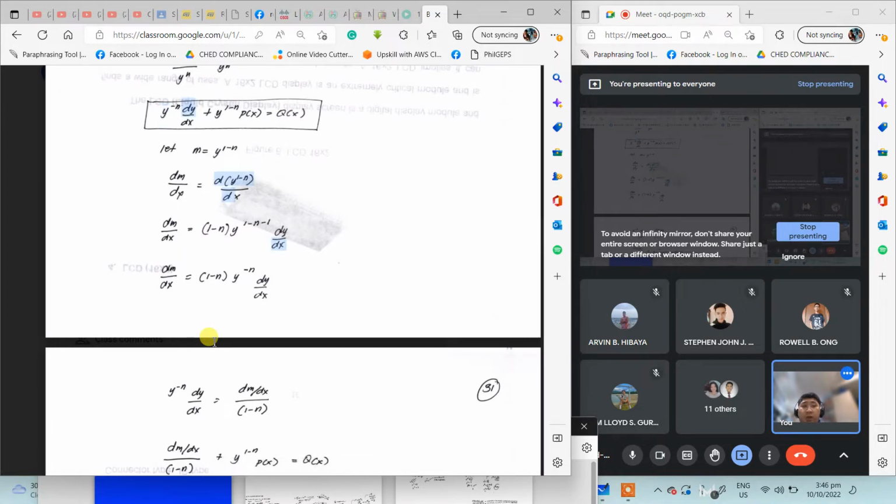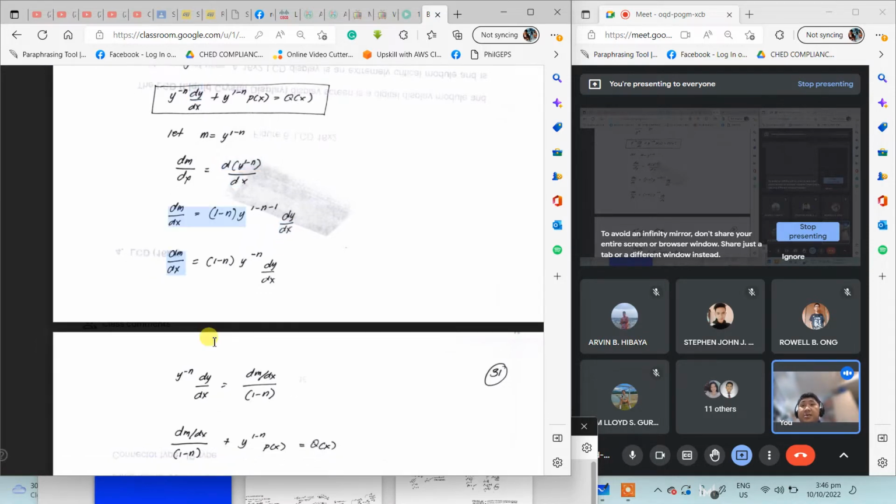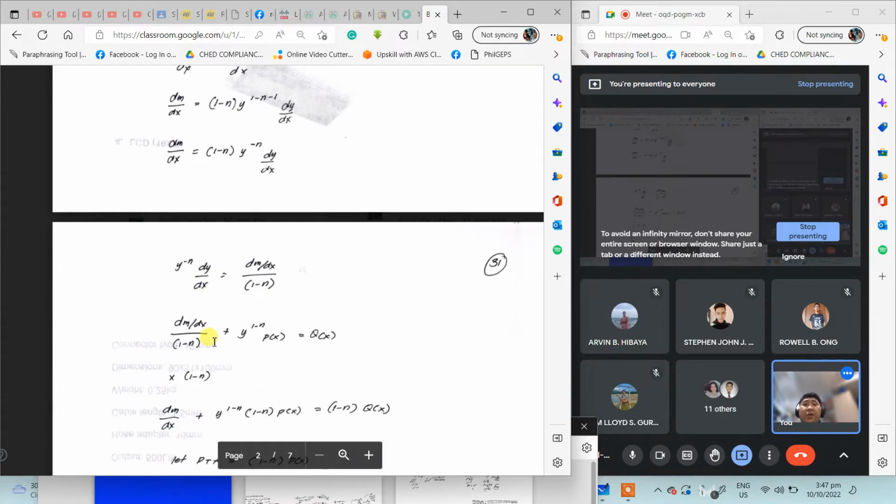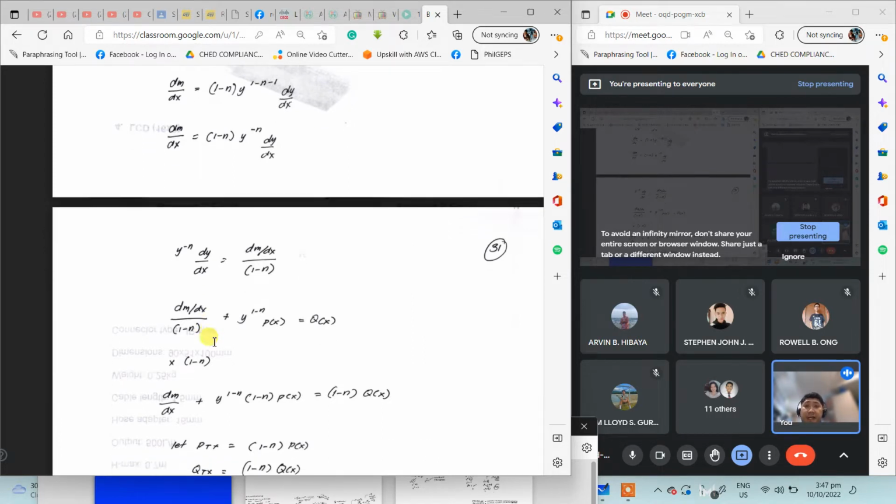So what we'll do is transfer 1 minus n, because that is just a constant, to the other side. Therefore, you have something that you could replace for y raised to the power of negative n dy over dx. So y raised to the power of negative n dy over dx is just equal to dm over dx over 1 minus n.